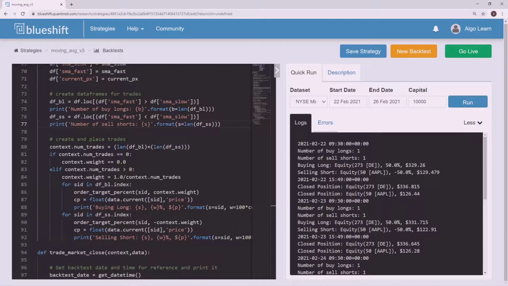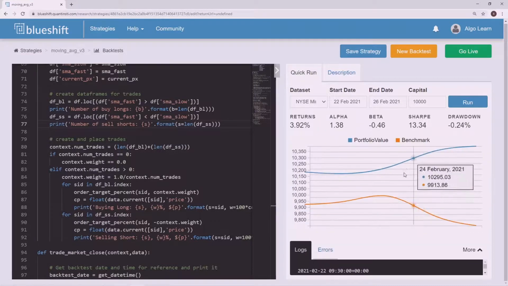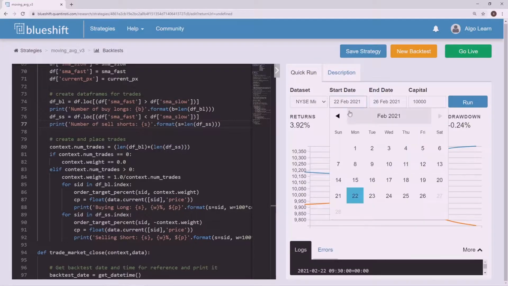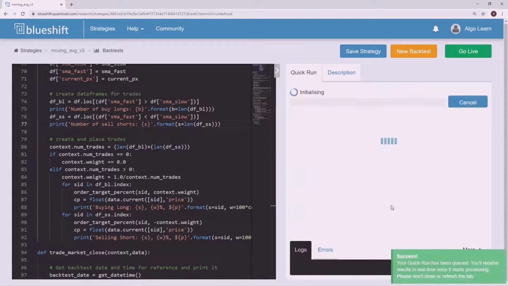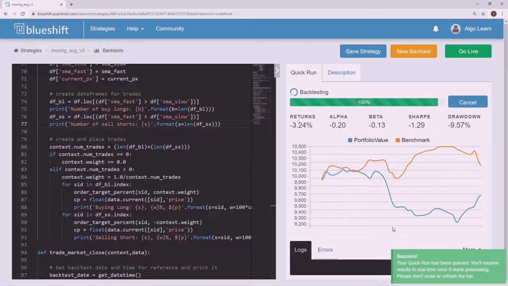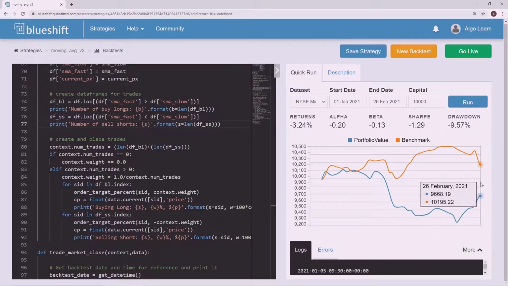So anyway, it appears to be working, and we can go ahead and take a look at a slightly longer time frame. Let's go to the beginning of the year and see what we've done here. So in the next session, folks, you can see here, coming down to reality, probably not such a great strategy.